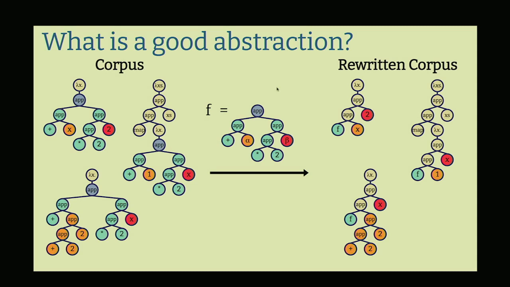So each abstraction you add increases the branching factor, which makes synthesis harder. But you can basically calculate the likelihood of your programs under your synthesizer before and after rewriting to decide if the rewrite was worth it. So that's right.